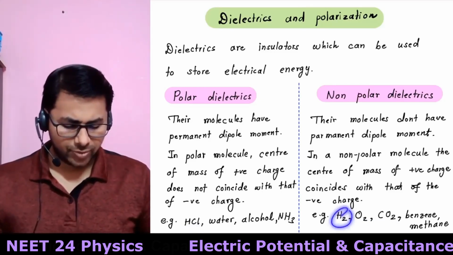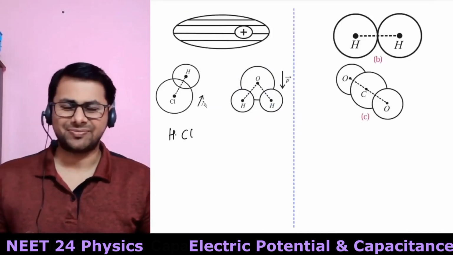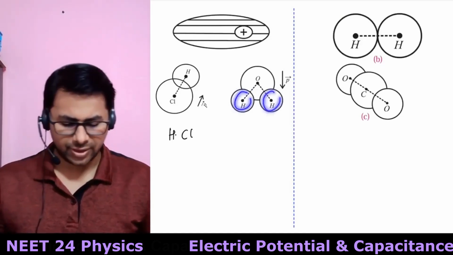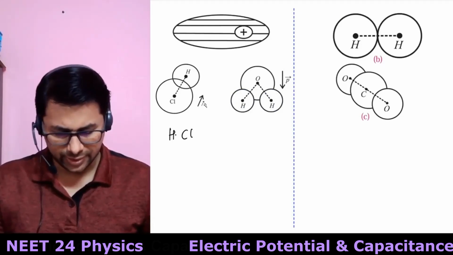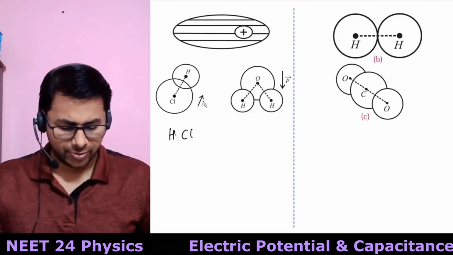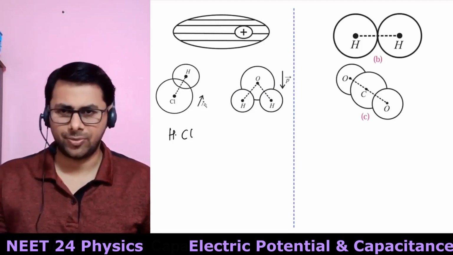Wherever you have a covalent bond, now orientation will matter. Actually this one is not covalent, this is ionic. Wherever you have a covalent bond, I can say that it will be non-polar. For example, you have Cl2 also, so it will be non-polar.